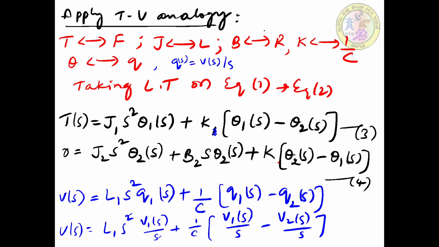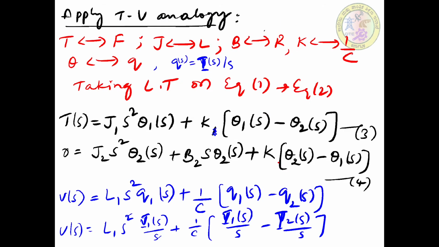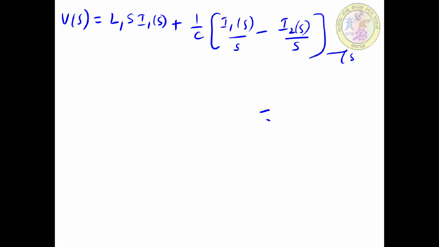Just a minute, it is not V of s, it is I of s by s. So here it is I1 and I2: I1 of s by s minus I2 of s by s. We will take this as equation 5.